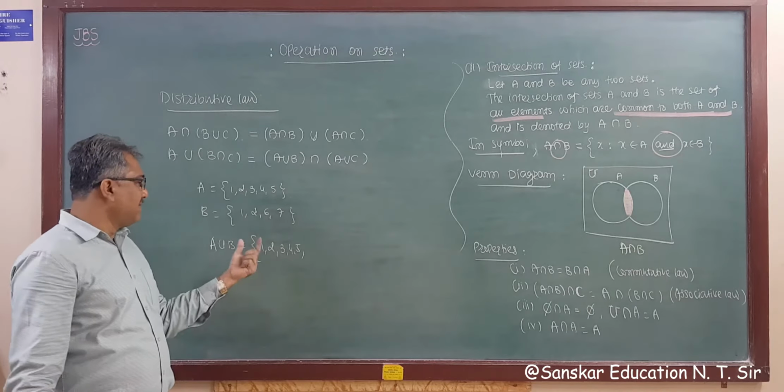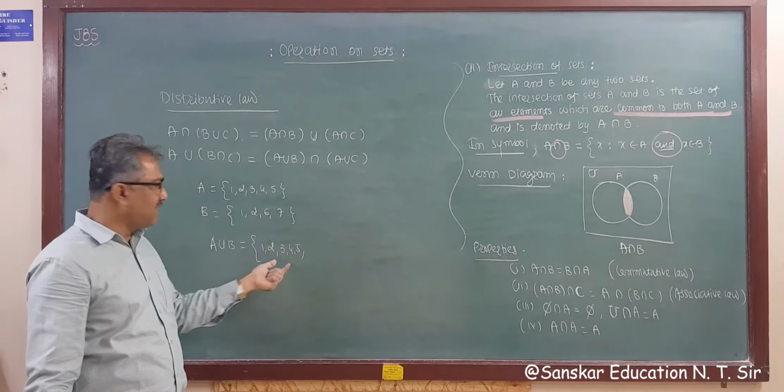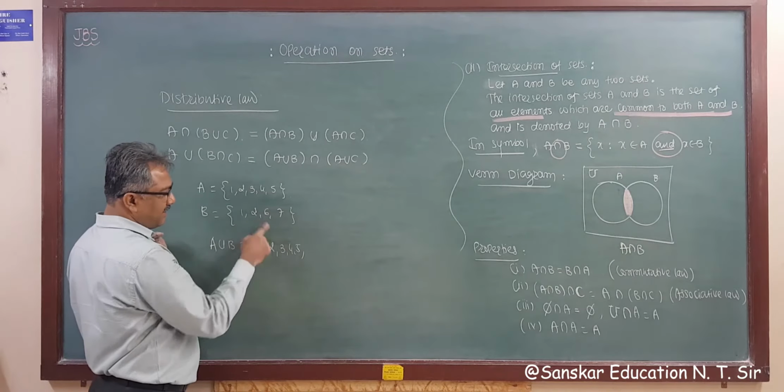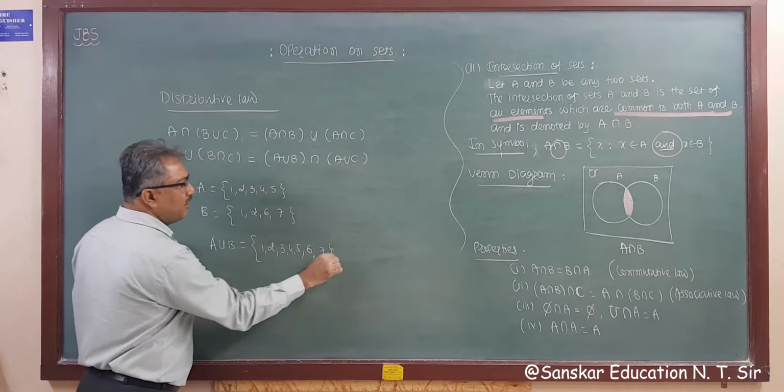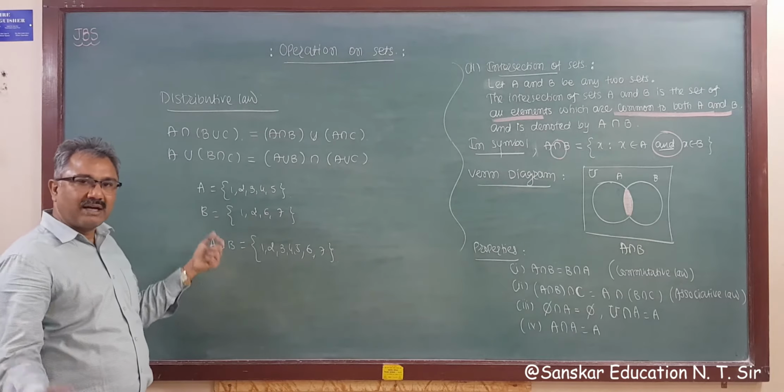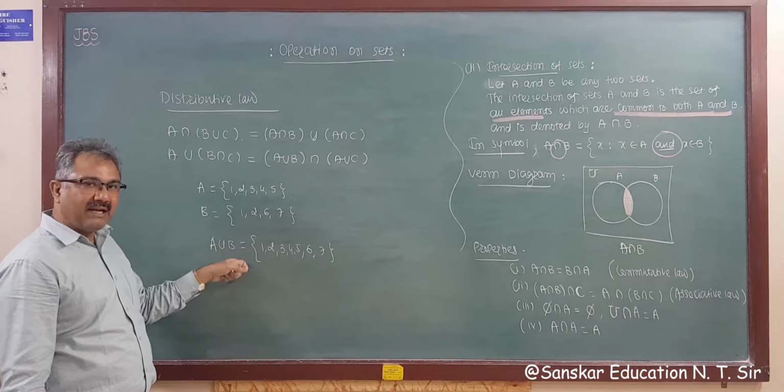Now in a set no element is repeated. So 1 is already there, 2 is there, 6 is not there, and 7. So this is the union of the two sets. That is, you write all elements of A and B.